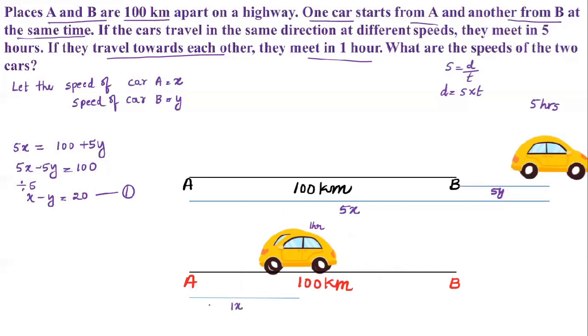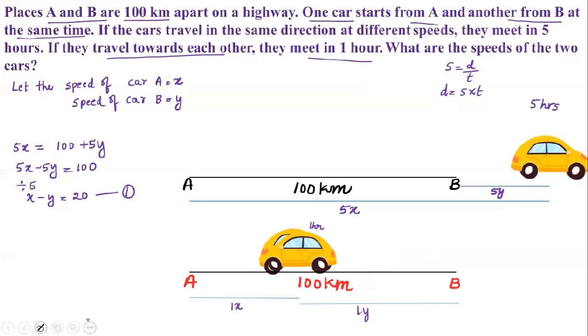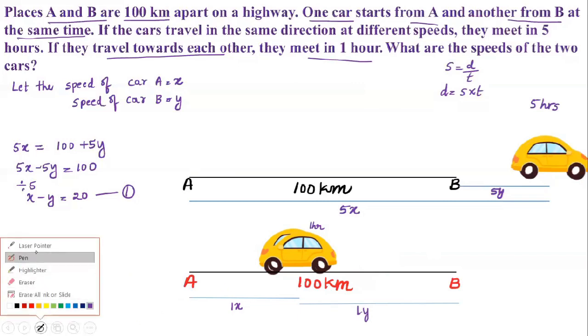Now what is the distance traveled by car A? Time is 1 hour and speed is x, so the distance travelled is 1x. What is the distance travelled by car B? Time is 1 hour, speed is y, so it is 1y.